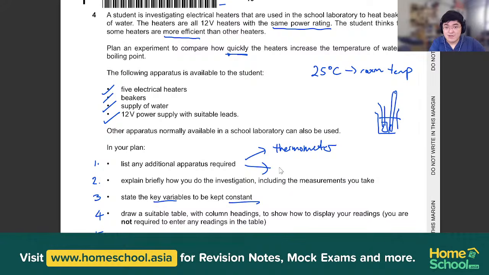Number 2, you will need a stopwatch, simply because we need to time how quickly the heaters increase the temperature of water to boiling point. So these are the 2 extra pieces of equipment you need in your experiment.